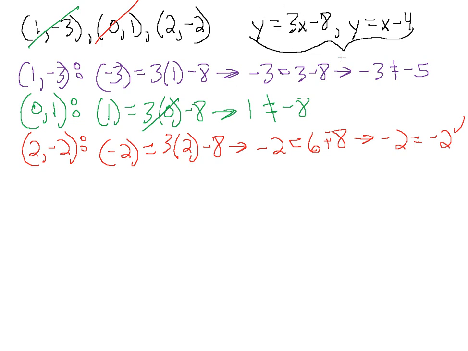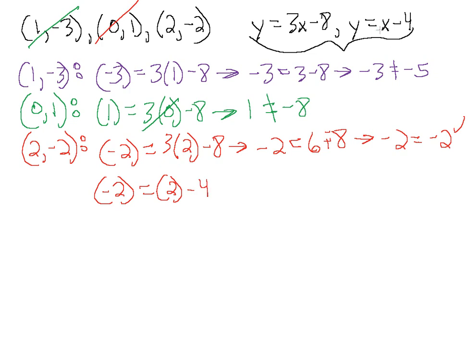Now we need to plug this into the second equation. We're not done yet because for it to be a solution to the system, it needs to satisfy the second equation, which means it needs to lie on the second line as well. If it lies on both lines, then that means this is the point where the two lines intersect. So let's go ahead and try it in the second one. We have y equals -2, so -2 equals x, which is 2, minus 4.